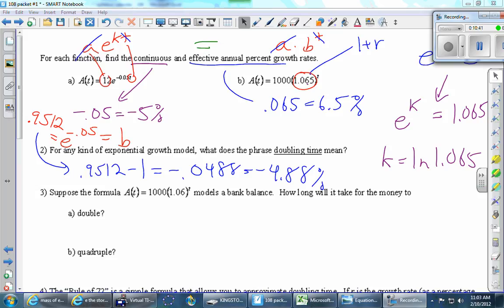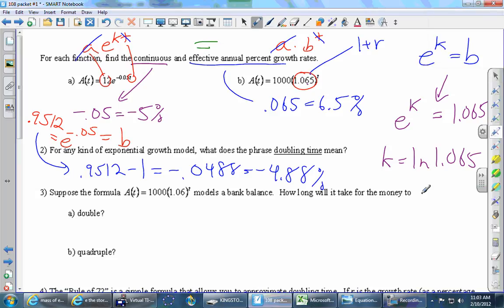So we just got to think about it from the right perspective. So if you type that in, you should get something a little bit less than 0.065. What is it? 0.062. 6.2. Am I rounding that correctly, or is it 6.3? 6.3. So about 6.3% is the continuous rate.